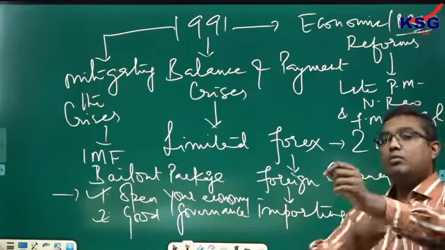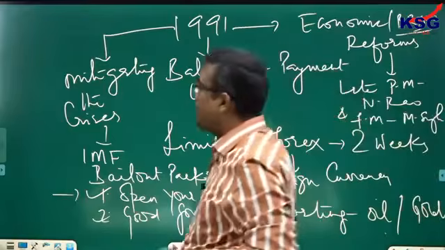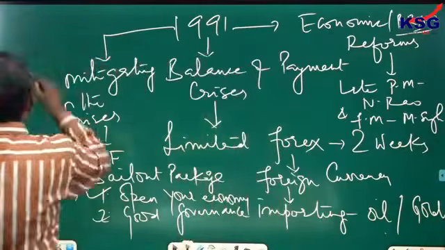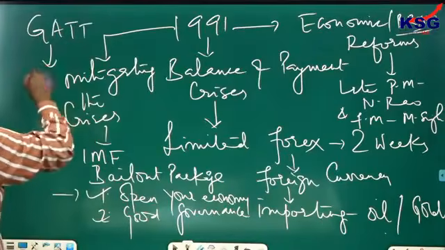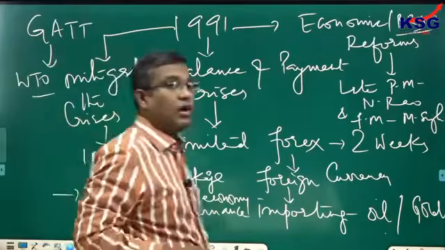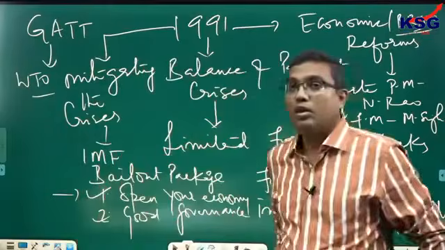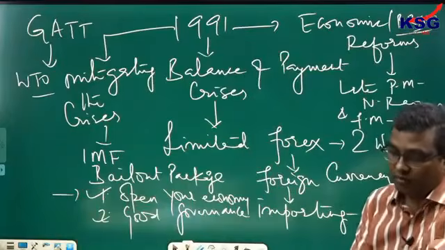Secondly, there is one more body which you should know about. Earlier it was known as GATT. Now it is known as WTO. This organization also played a very important role in accelerating the growth of globalization. Write it down.